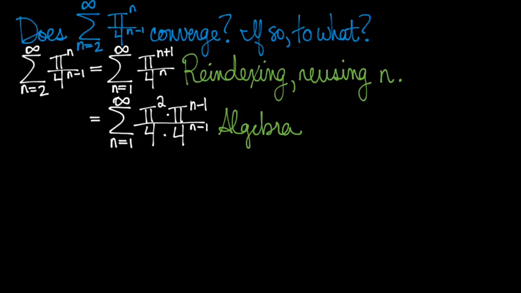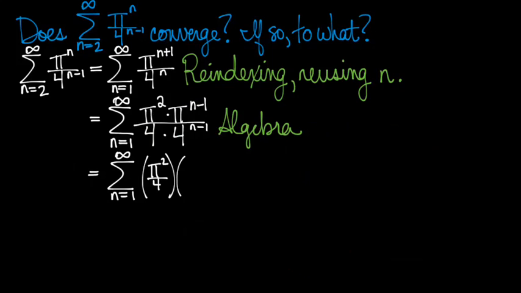Next, I want a single exponent, and I want that exponent to be n minus 1. So on the numerator, I pull off 2 factors of pi, pi squared times pi to the n minus 1. In the denominator, I pull off 1 factor of 4, and I get it all arranged visually, real pretty.